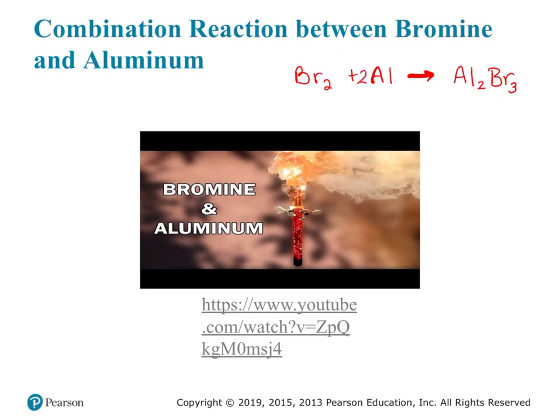And let's see, we need 6 bromines on each side. So 3, 2. Oh, so now we need to change this to a 4. All right, so that's probably a more difficult balancing equation.